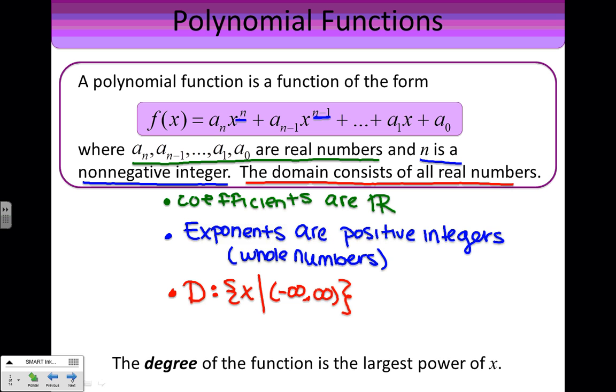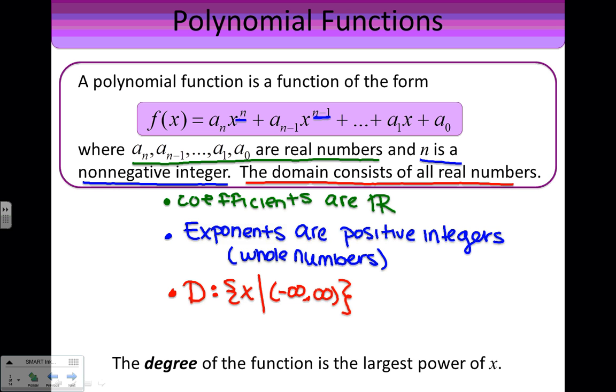The last thing that you need to make note of is that the degree of the function is the largest power of x. So for example, we have been working with quadratic functions the last week or so. The highest degree was 2, so that was a second degree polynomial. So we always say that it's a third degree polynomial or a fourth degree polynomial based on the highest degree in the equation.